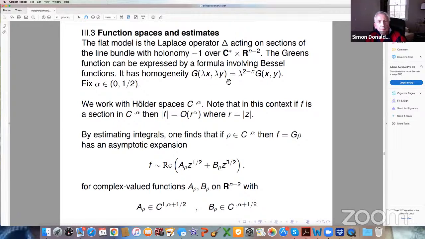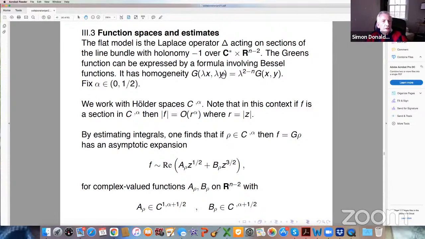The crucial but completely elementary thing is that this Green's operator has homogeneity of the usual kind with respect to scaling. That means that one only has to understand asymptotics in maybe 3 different regimes to understand the behavior of this Green's function over all values of x and y, roughly speaking. So we have more or less a complete understanding of this Green's function.